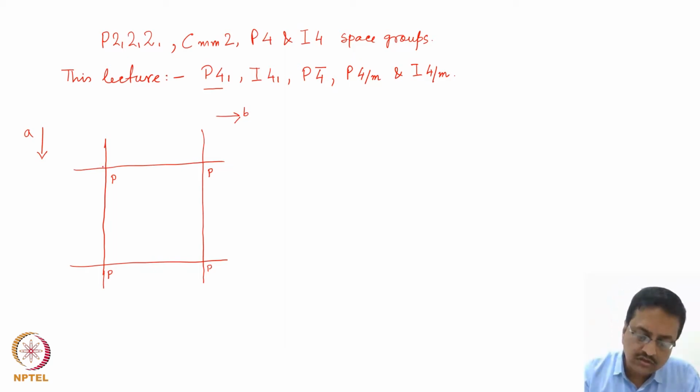So we should draw the 4-1 screw at every corner with the correct direction. This is the notation of the 4-1 screw, as you have already learned. The first thing is to draw the symmetry elements at their correct locations.